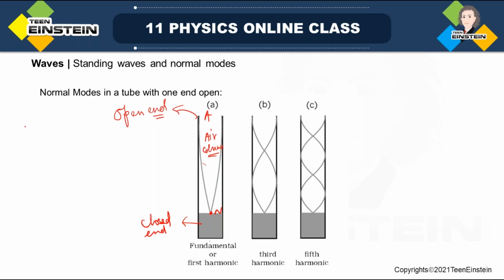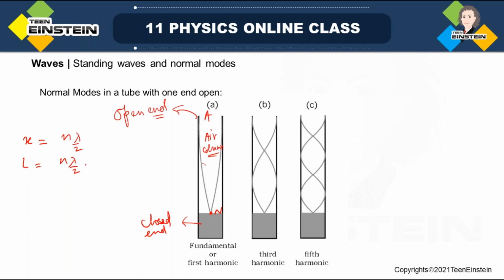in case of the closed end, the position for a node will be n lambda by 2, as we have learnt already. And if the air column has length L, then this L has to satisfy this condition to get the node over here.